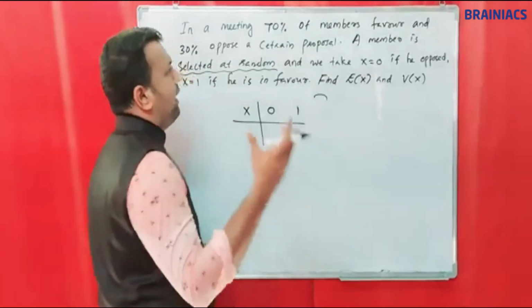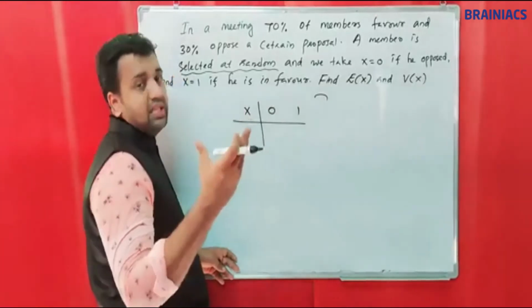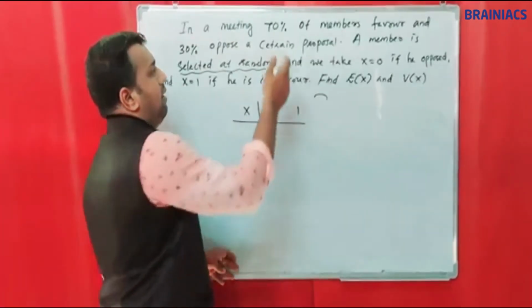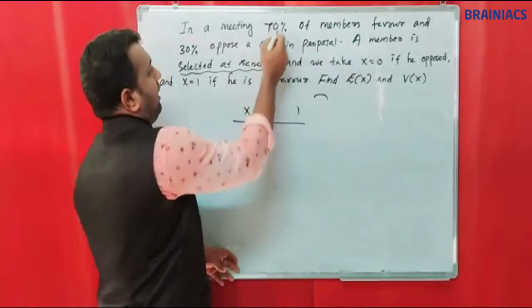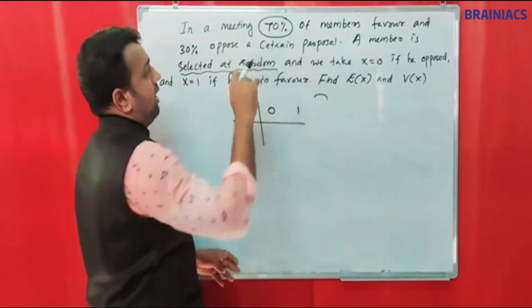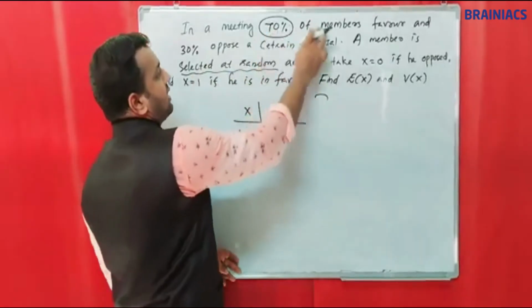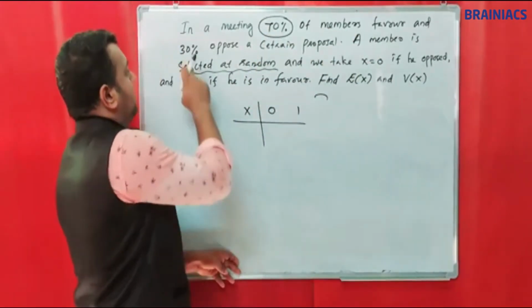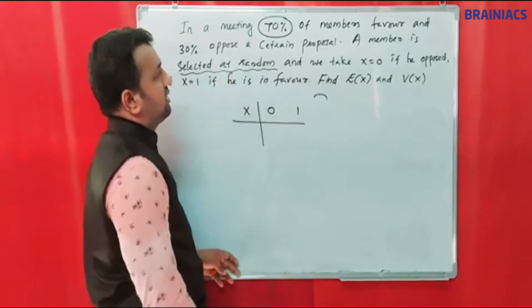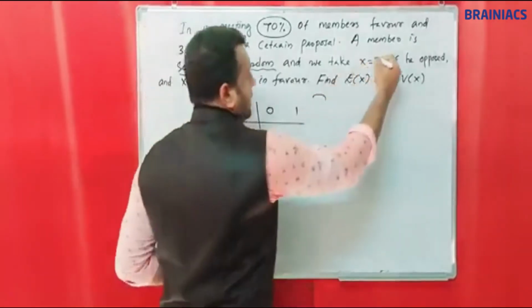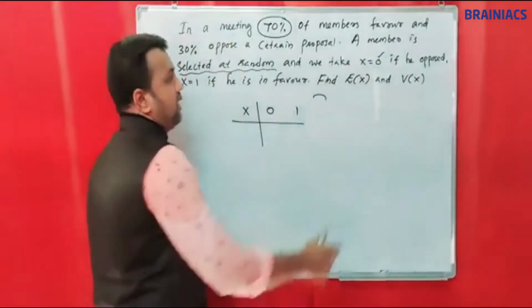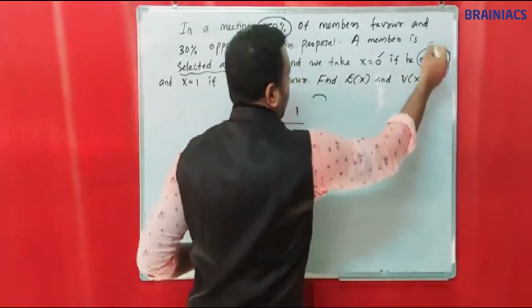So how many people, or what percentage, oppose or favor that proposal? Here it is given 70% of members favor and 30% oppose the certain proposal. So x equal to 0 means he opposed the proposal.